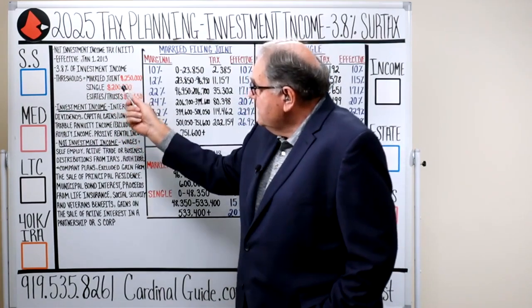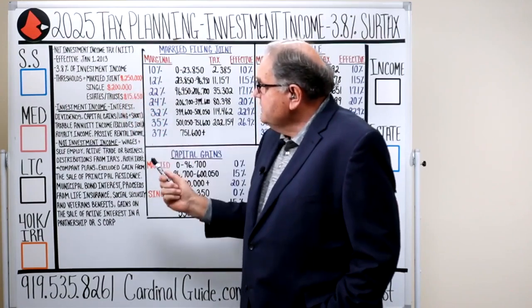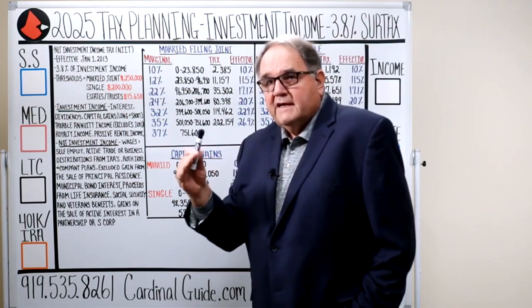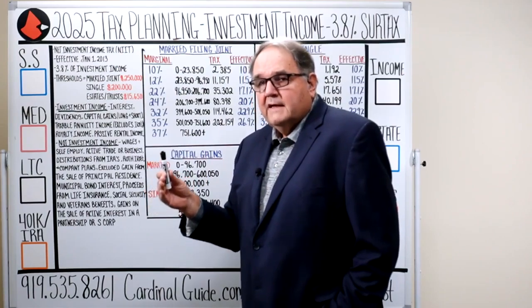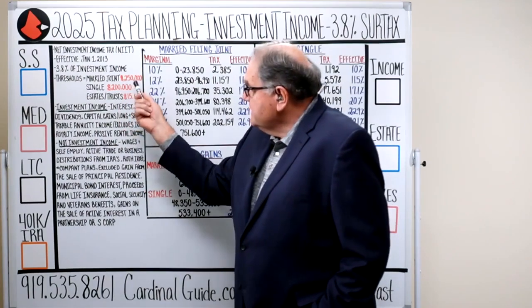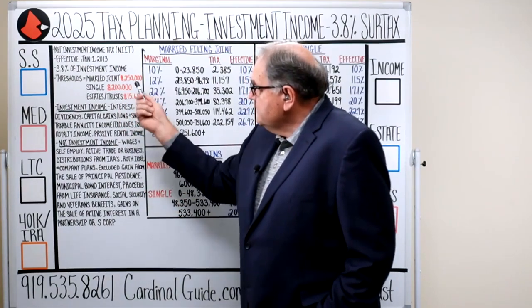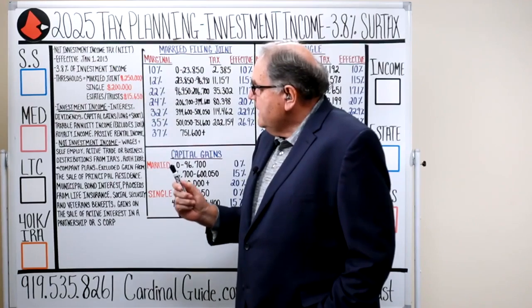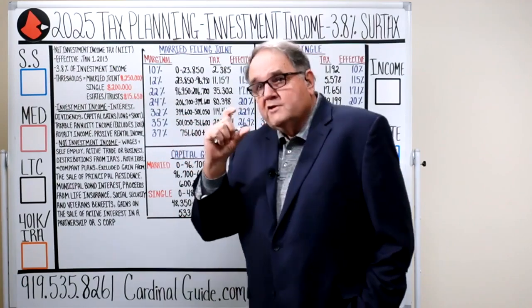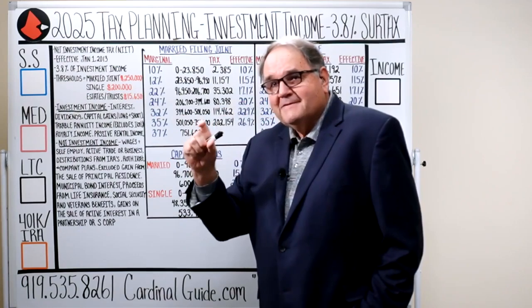Interesting to note, the married joint and single thresholds have never been indexed for inflation. So this tax is 12 years old, we're paying in the 13th year of it, and there's no indexing. This is based on your adjusted gross income, and it is only charged on certain types of income.